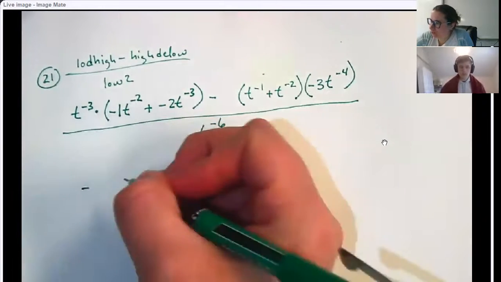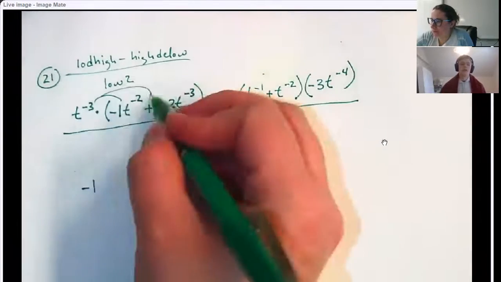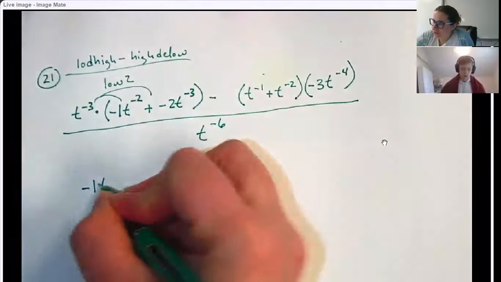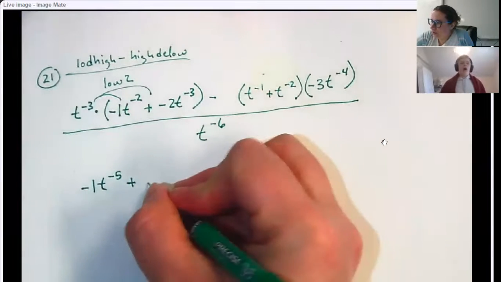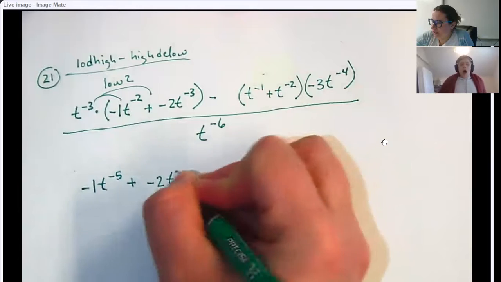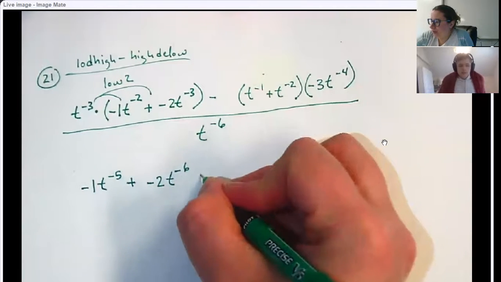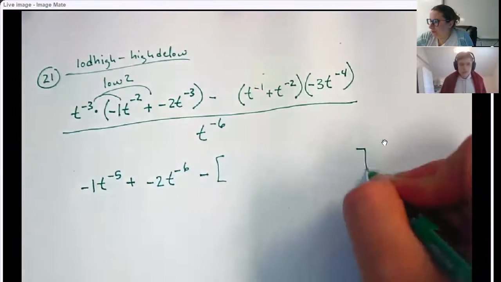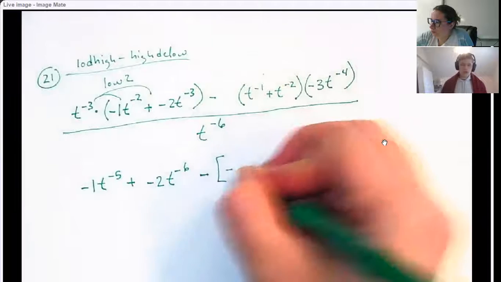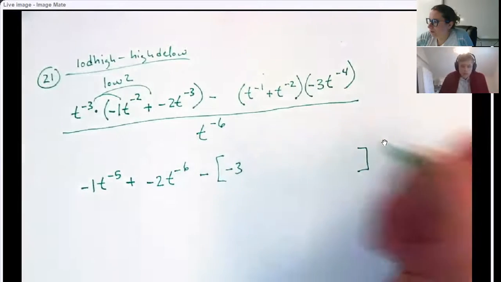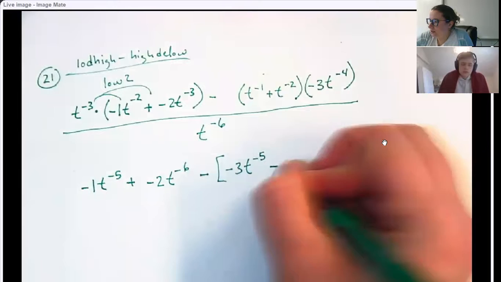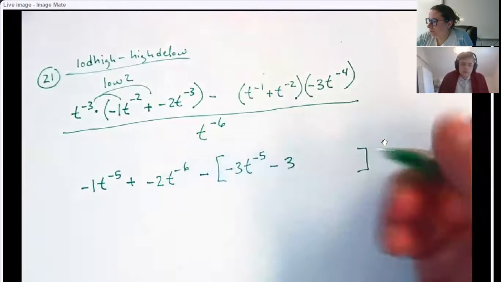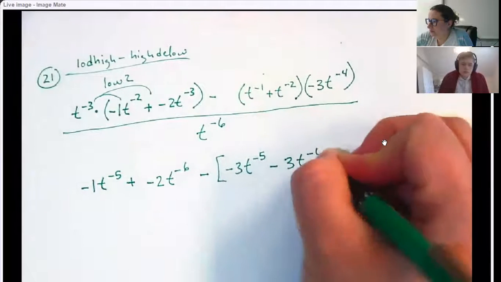So now I've got negative 1, if I distribute to both of these, t to the negative 5th plus negative 2 t to the negative 6th minus all of negative 3 t to the negative 5th minus 3 t to the negative 6th.